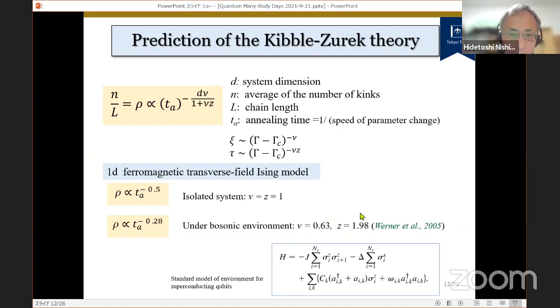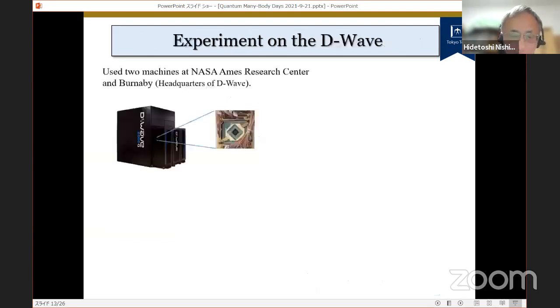So if we plug those values into this formula, then we have this value, 0.28. So we studied this problem on the chip to see if the reality is closer to 0.5 or 0.28 on the D-Wave machine.